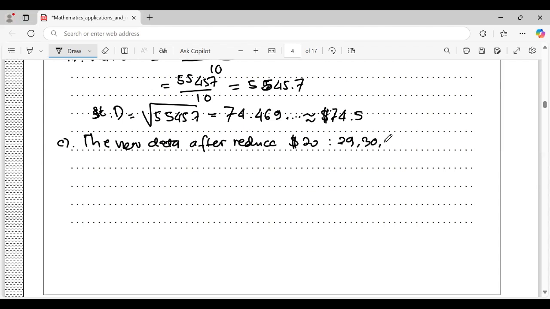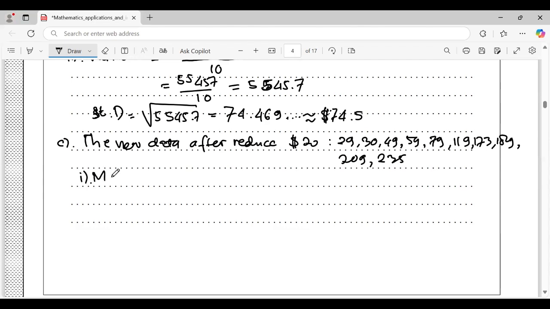I have sorted: 29, 30, 49, 59, 79, 119, 173, 189, 209, and 235. So we need to find the mean first.